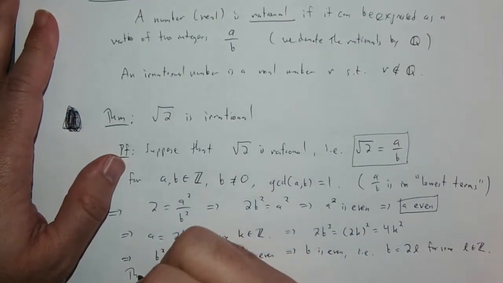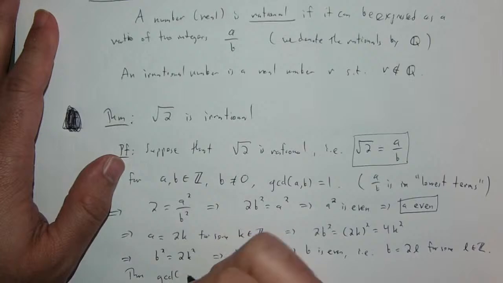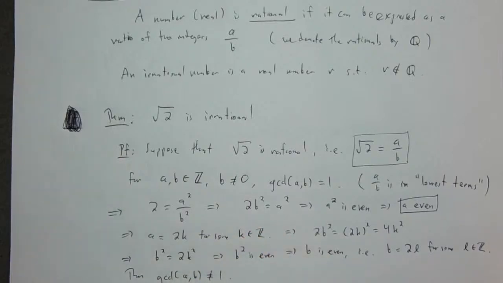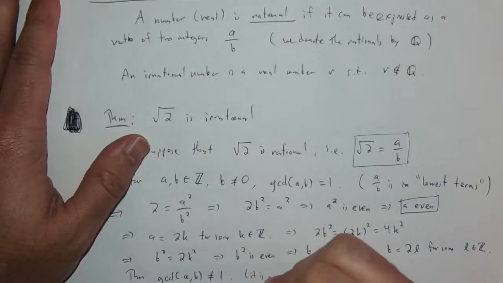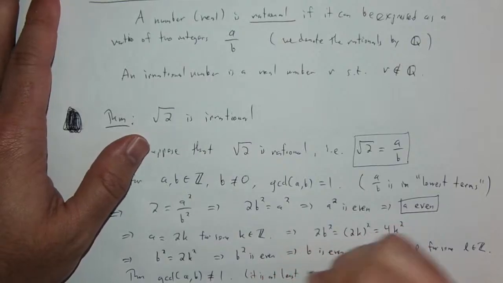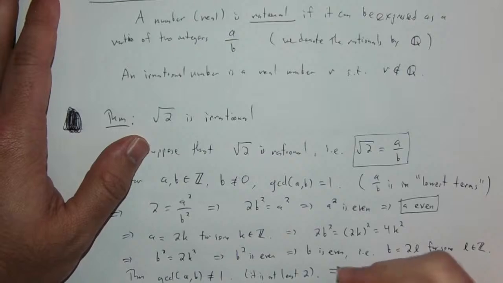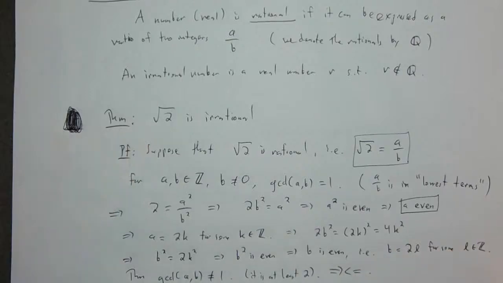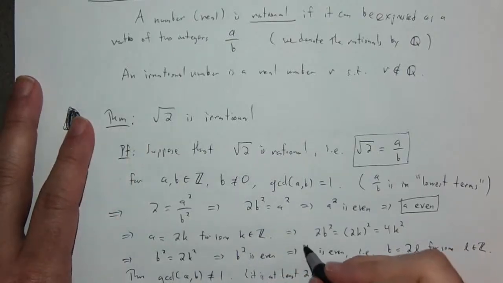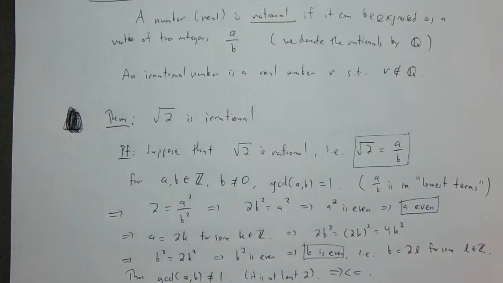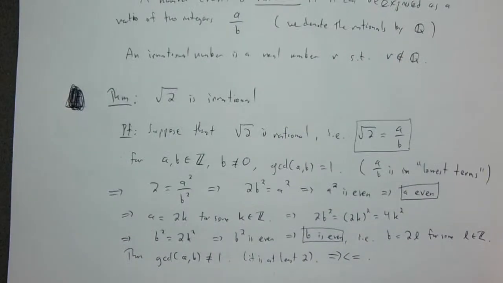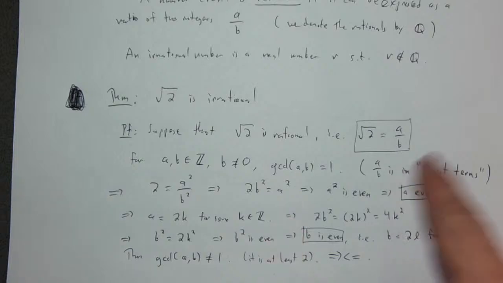Then the GCD of a and b is not 1. It's at least 2, because I've shown that both of these are even. And if you have two even integers, their GCD is at least 2. So it's certainly not 1, but I assumed that their GCD is 1. I assumed that this fraction is in lowest terms.